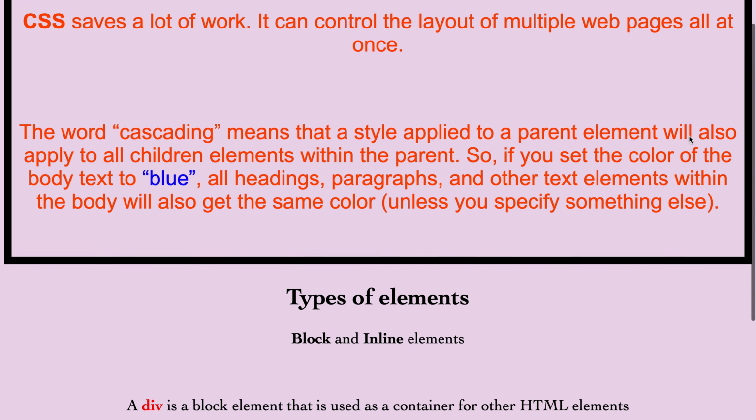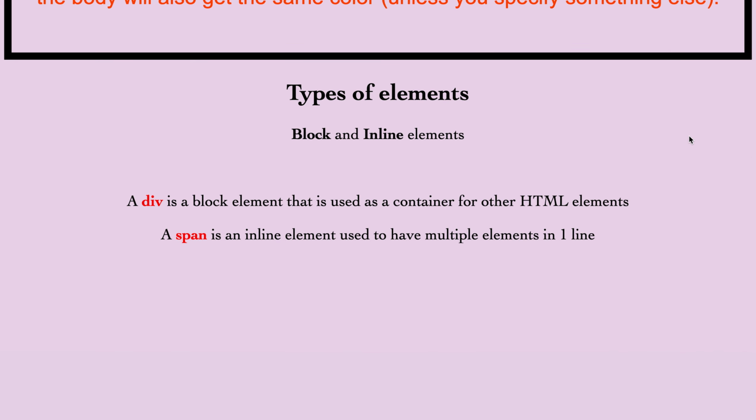Right. So we're going to look at the different types of elements. So we have block and inline elements. So I have two examples here that are most common and that you will be most familiar with later on, that you're going to use a lot, which is div and span.